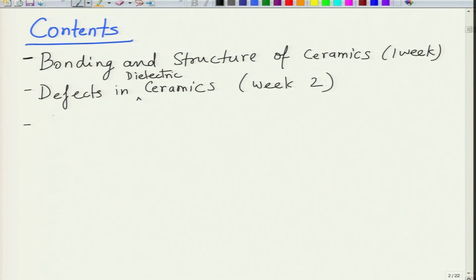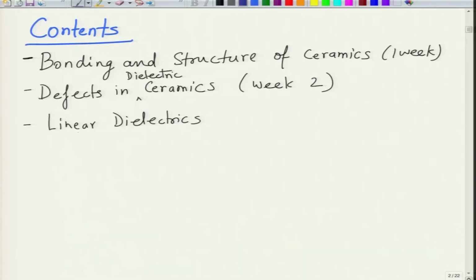of these materials. And then we will shift to move to what we call as linear dielectrics. And linear dielectrics are those dielectrics whose polarization behavior as a function of electric field is linear. And here we will first look at the basic mechanisms of dielectric materials.